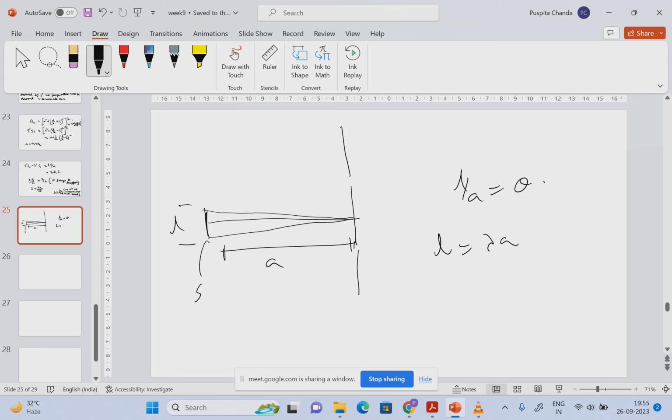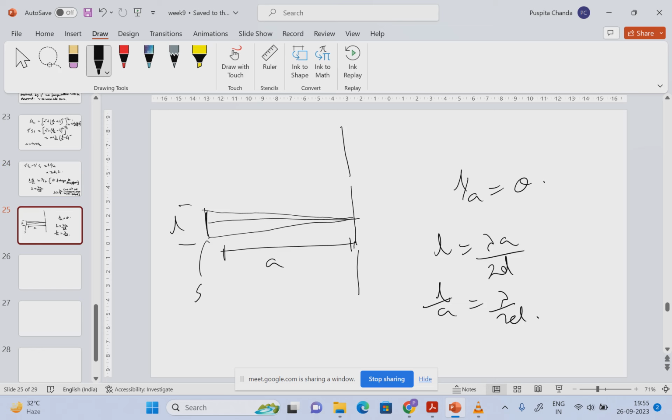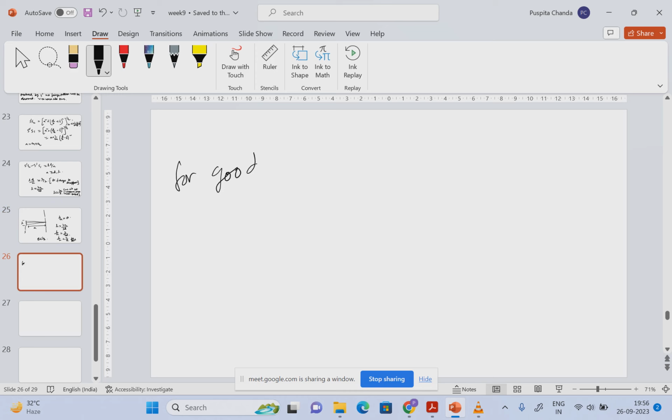So for good contrast, D should be less than lambda by theta.